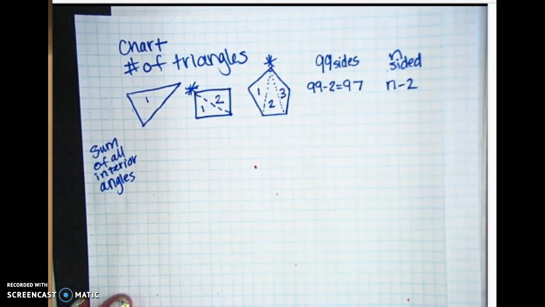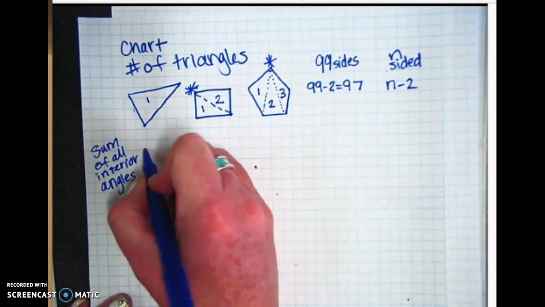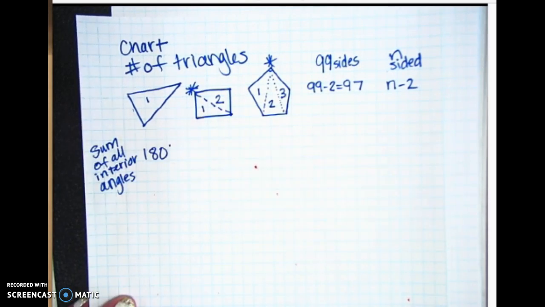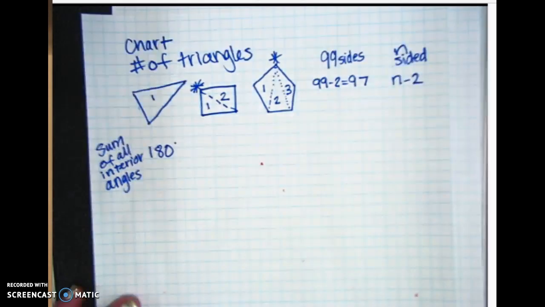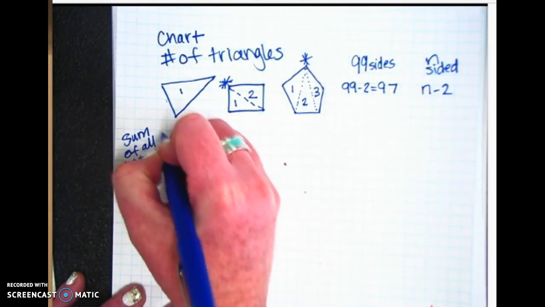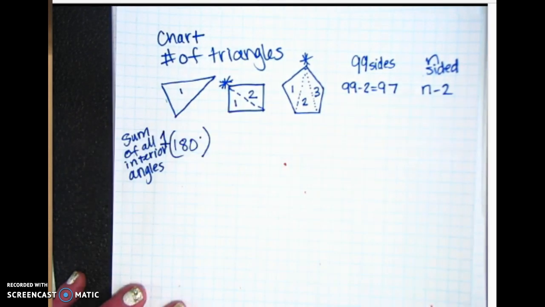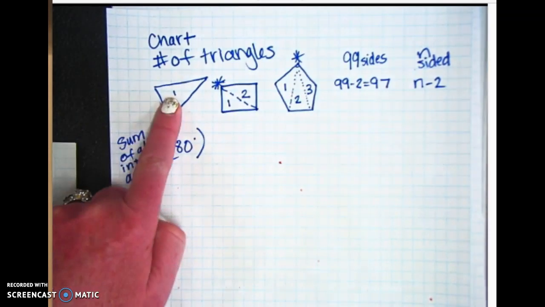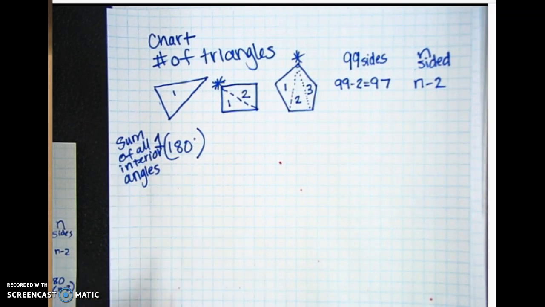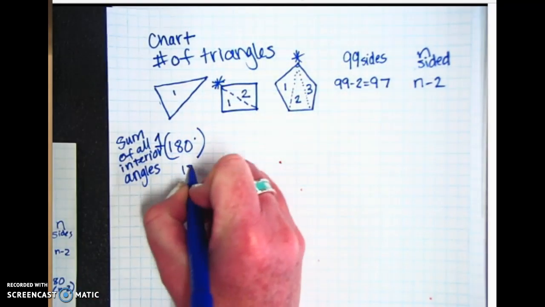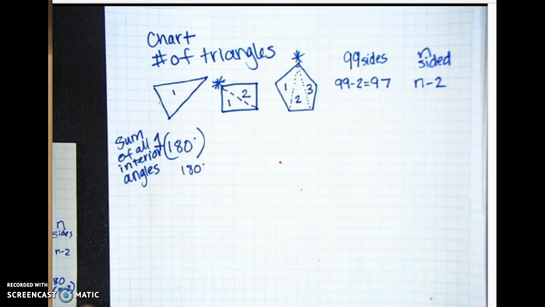Over and over, we talked about how many degrees were in a triangle. 180. Because there's one triangle, we multiply it by 180. That means 180 degrees total.